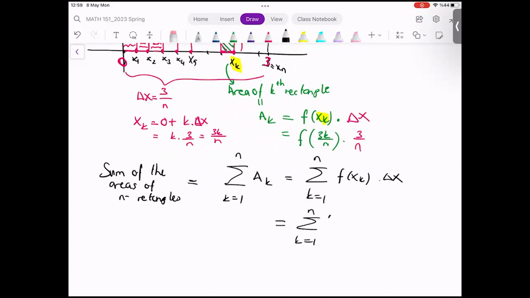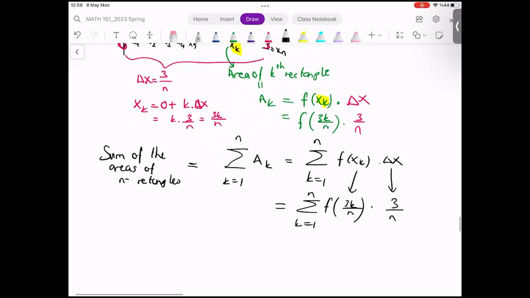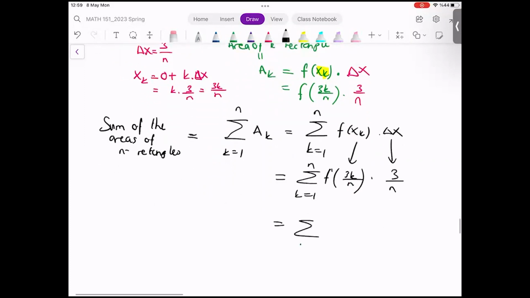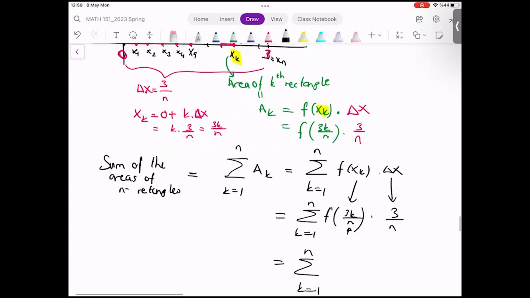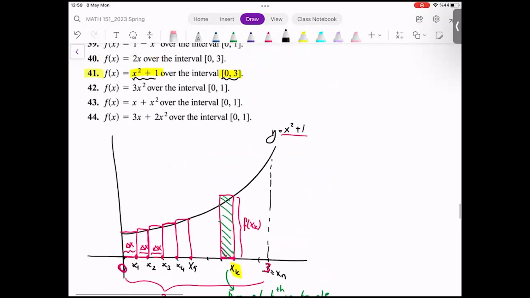So let's try to find out. xk is given by 3k over n. Delta x is given by 3 over n. Now it is time to compute the image of the function f at this point, 3k over n. Do you remember your function? Our function is f of x equals x squared plus 1.